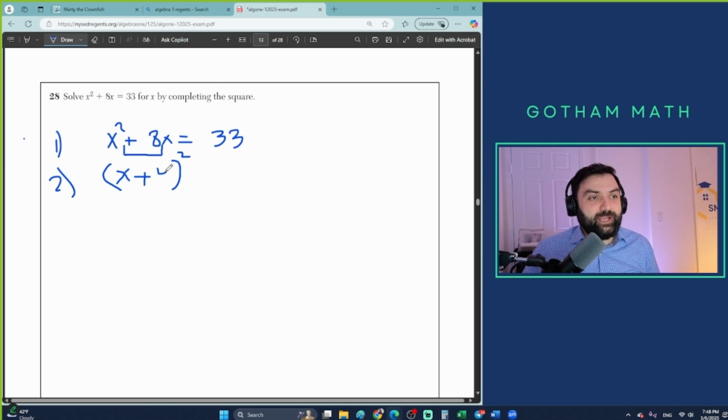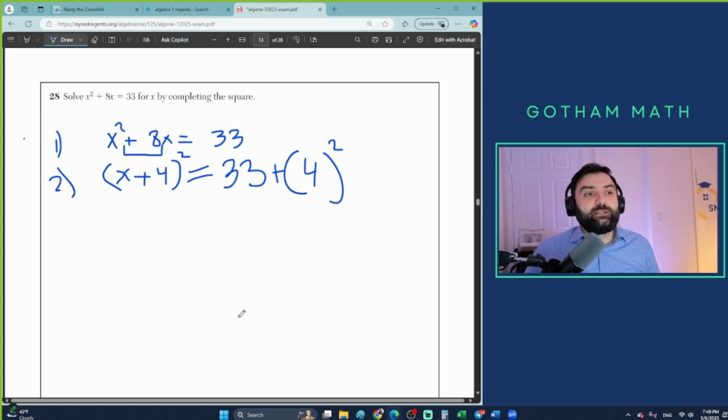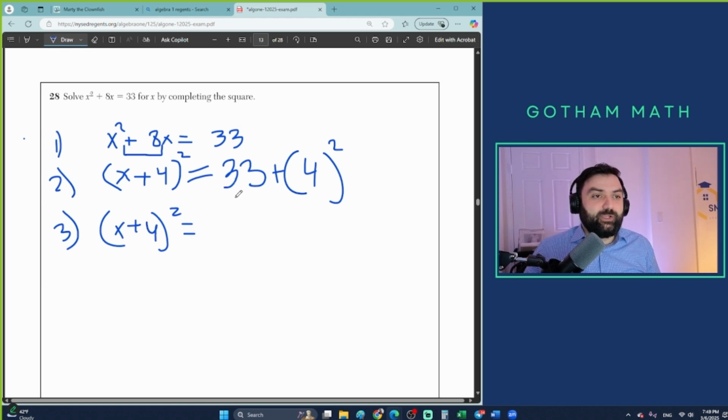So you skip the hardest part and go right into the easiest part. The only thing you must remember is that you have to add the square of that number to the right side too. Step 3 is to solve whatever is on the right. So it's x plus 4 squared equals 33 plus 16, which is 49.